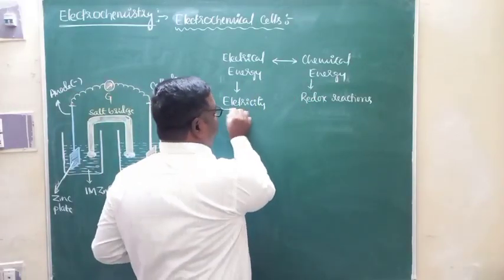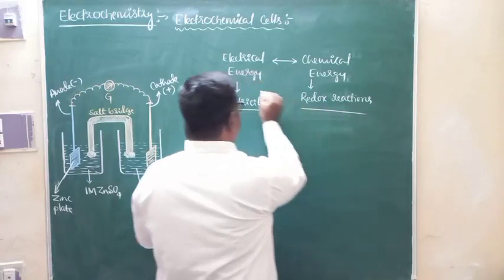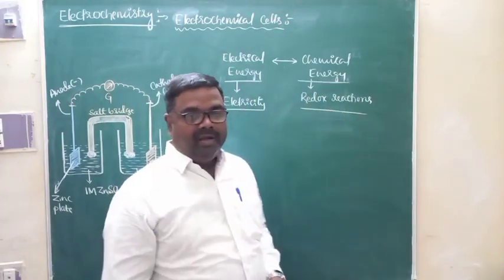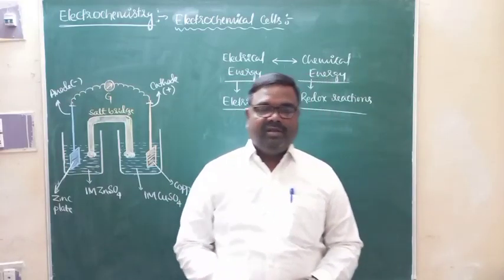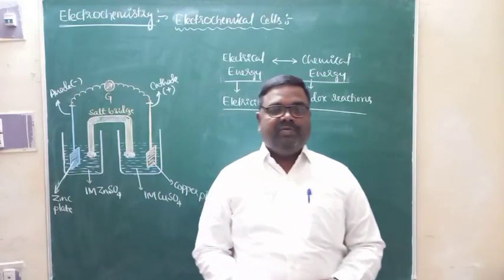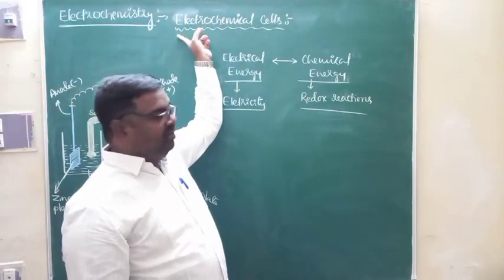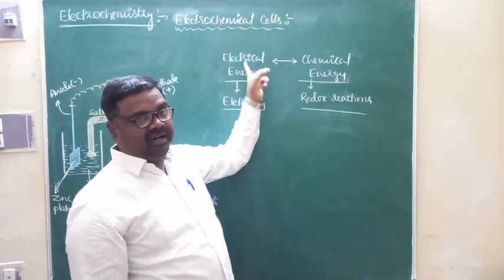That is, electrochemistry deals with the study of interconversion of electrical energy and chemical energy. As you know, according to first law of thermodynamics, one form of energy can be transformed into another form. So also here in electrochemistry, we bring about interconversion of electrical energy and chemical energy.